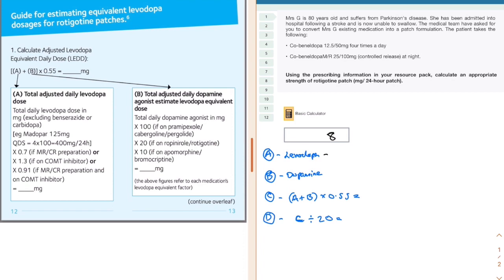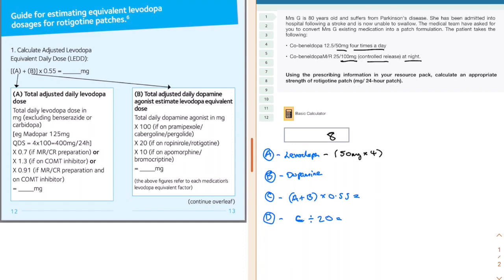If you look at the question up here, it mentions that the patient's taking 50 milligrams 4 times a day of the standard release preparation of levodopa content, and they're taking 100 milligrams of the controlled release once at night. So for total amount of levodopa, it's going to be 50 milligrams times 4, because it's 50 milligrams 4 times a day.